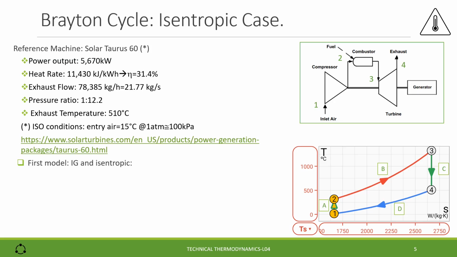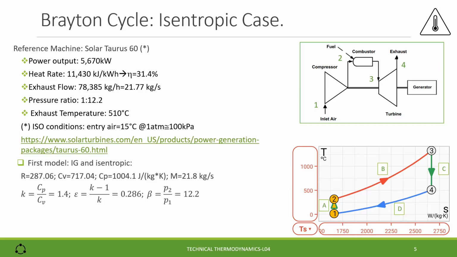In the first model we consider, as told, ideal gas and isentropic transformations. We calculate the parameter R for pure air, the constants Cv, Cp, and the mass is also given. We say 21.8 kg per second.